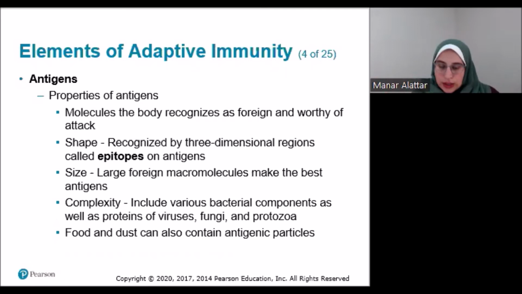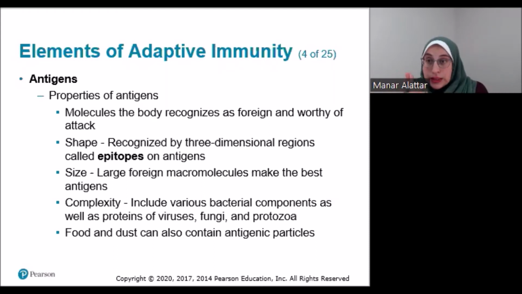All of those different parts of that foreign body, of that bacterium, can be recognized as parts of that antigen. The specific shapes or units that are actually recognized by the immune system are called epitopes. Oftentimes epitopes are proteins, and oftentimes they're large so that they can be recognized more efficiently.